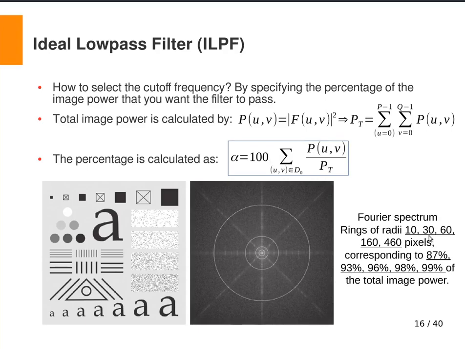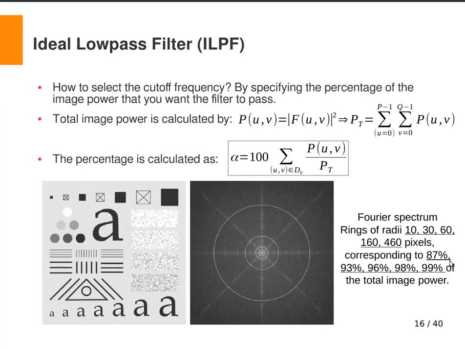For D0 of 30, we are passing 93%. For 60, we are passing 96%. For 160, we are passing 98%. And for 460, we are passing 99%. One thing that you might notice is that even when we are using a very small D0, we are still passing a lot of the image power.